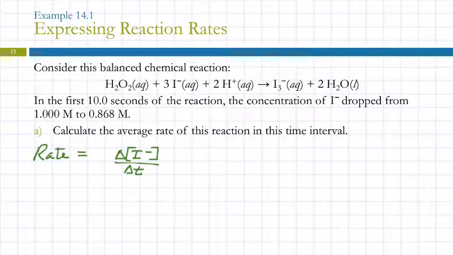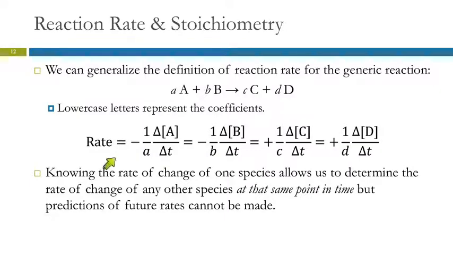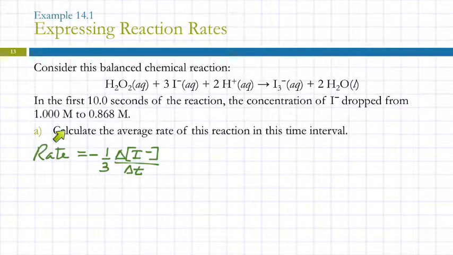We want our rate to come out positive, so we need a negative sign. What else do we need to put in there? A 1/3. There's a coefficient of 3. So we need 1/3. And that comes from what we were doing here. So for this one, it's going to be negative 1 over b times delta B over delta t. So that is the equation for the rate of this in terms of I minus.